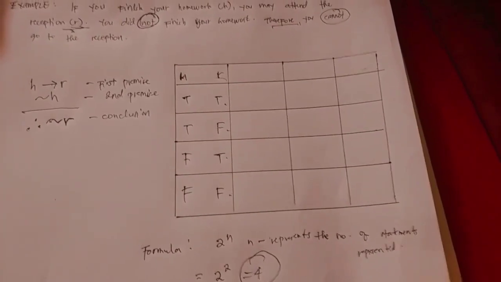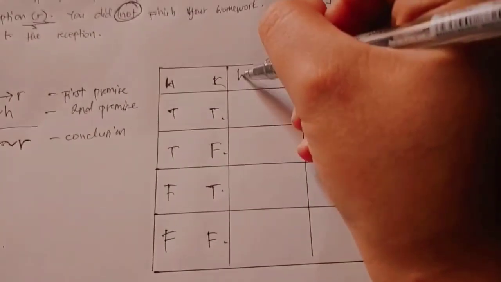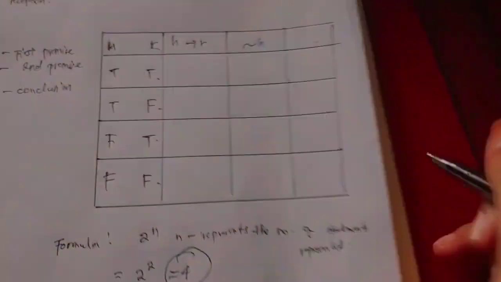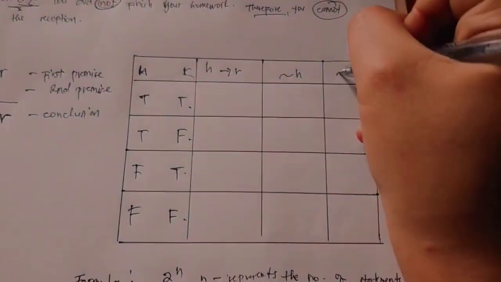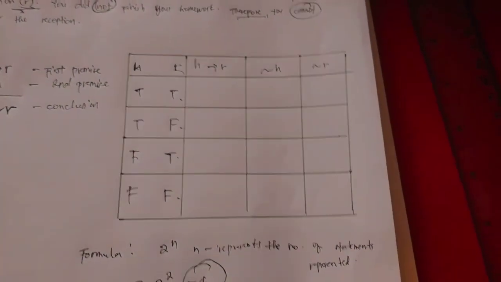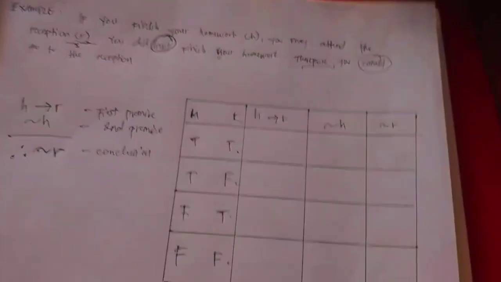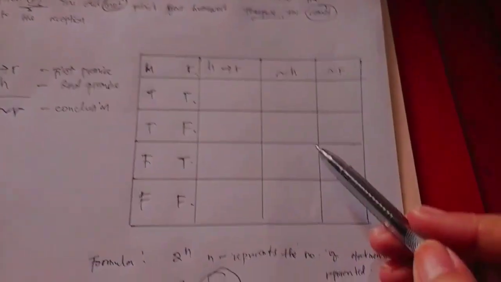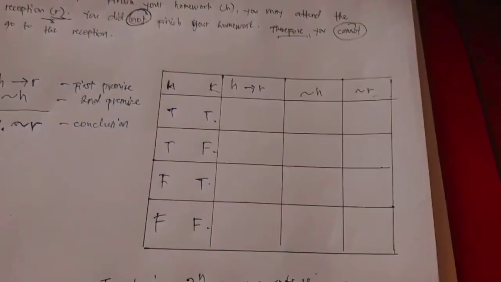Our first premise, if H then R, so this is the symbol, H then R. Then the second premise is the negation of H. And the conclusion is the negation of R. Since we have the symbolic form and it is labeled, we will find the truth value of each premise and conclusion. First, the first premise is a conditional statement.